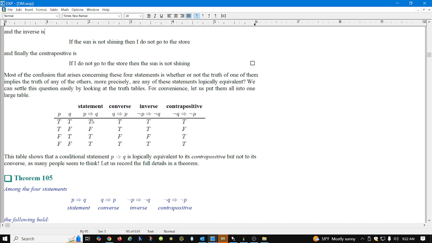If you look at the truth values for P implies Q, they match perfectly with the contrapositive: true, false, true, true, true, false, true, true. So a conditional is logically equivalent to its contrapositive, but it doesn't match either of the other two.